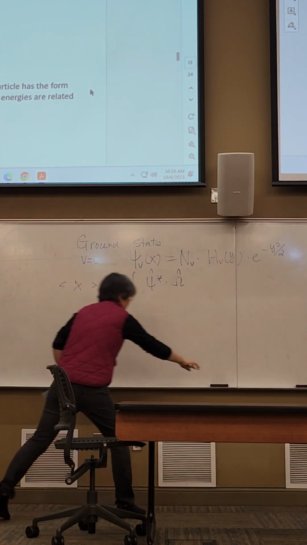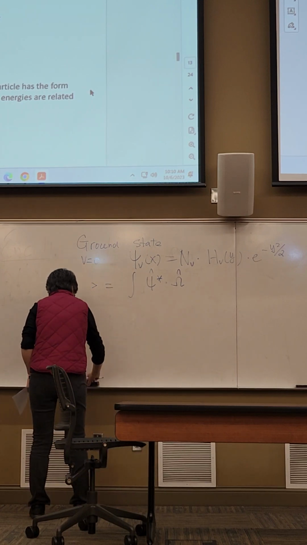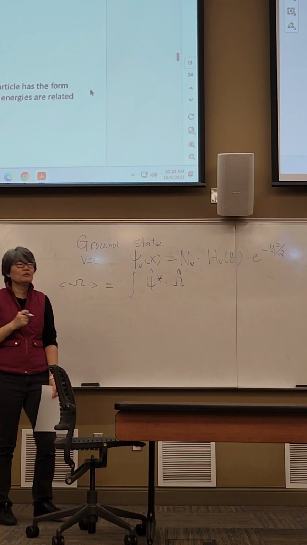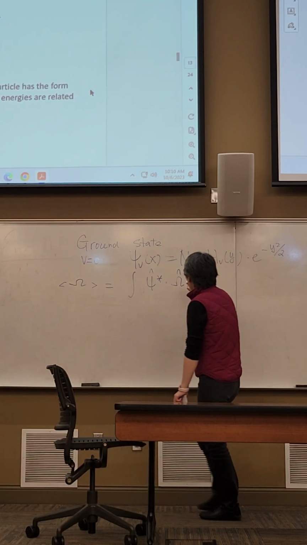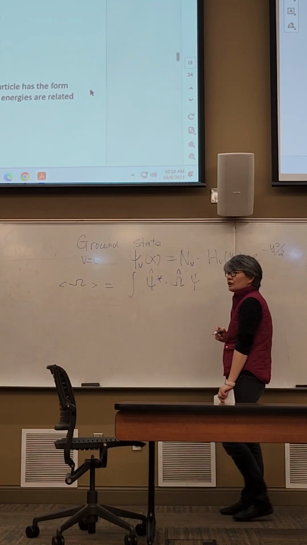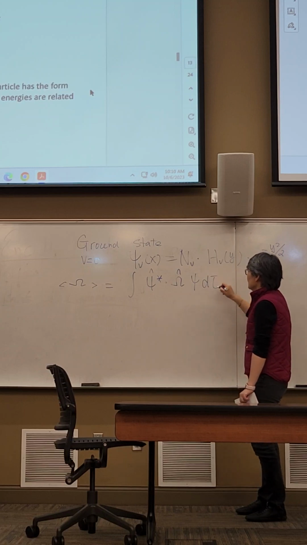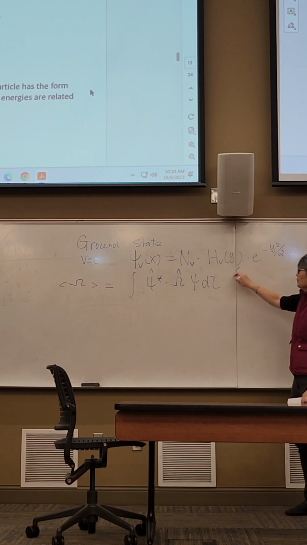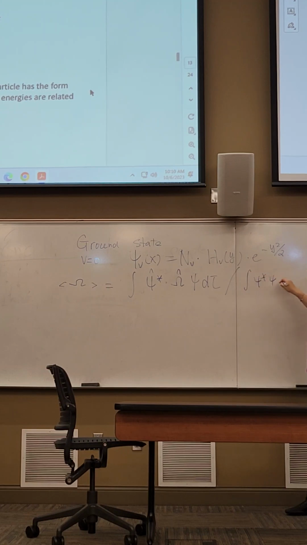Let me take a step back. For a particular observable I'm interested in, the general expression is like this: the operator operates onto your wave function, and then you integrate over the allowed space. To be complete, we also have the denominator, which is just the integral of the wave function times its complex conjugate.